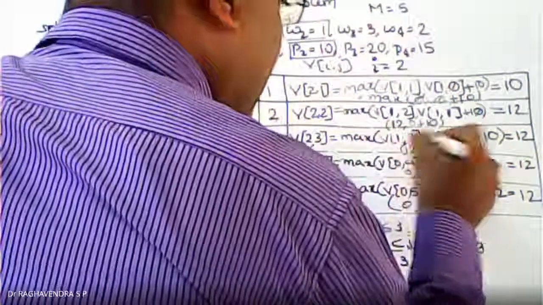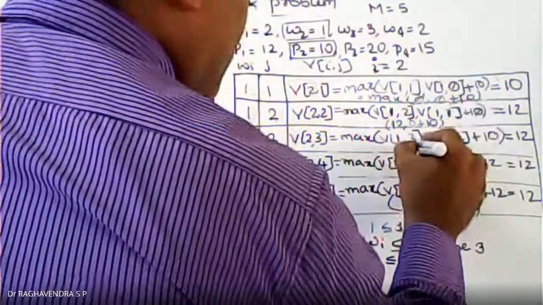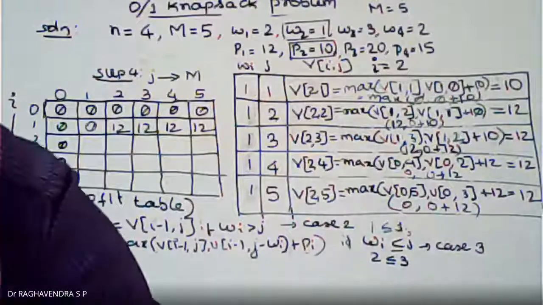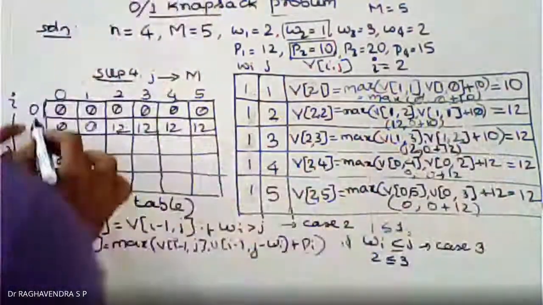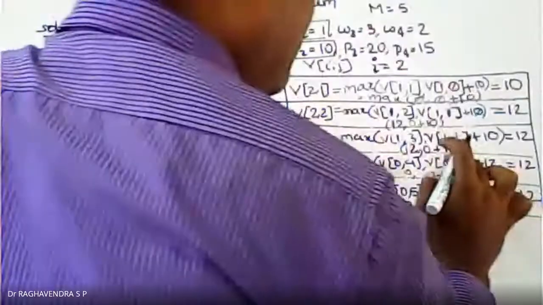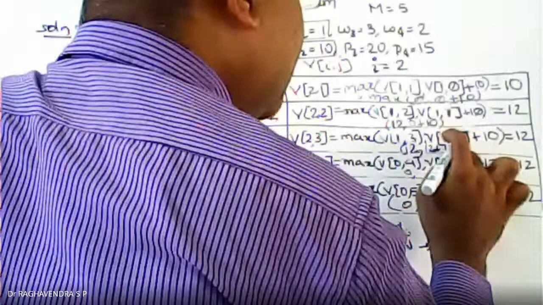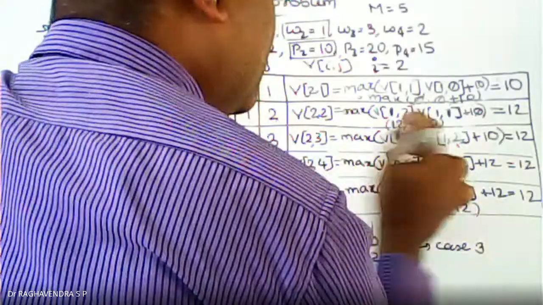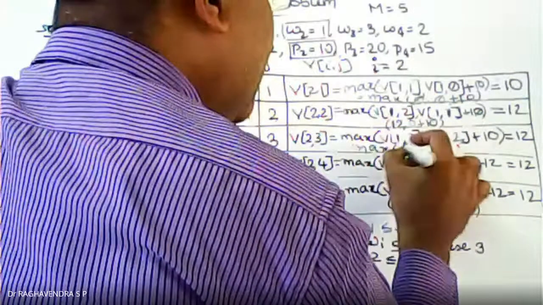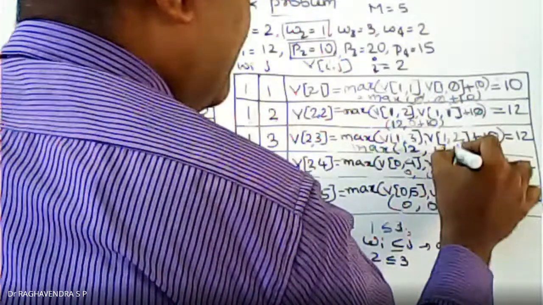This is 12 comma, next to the right, V of 1 comma 2, which is also 12, plus the profit, that is 10.